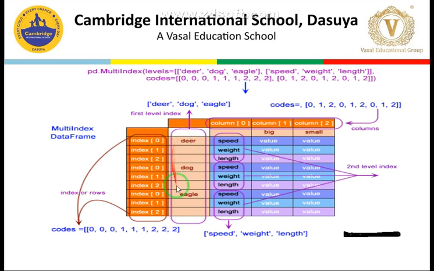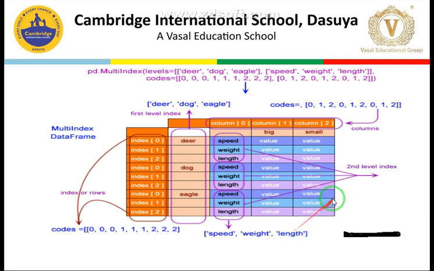Then, students, this is deer, dog and eagle. This represents my first level of index. And then you can see here speed, weight and length. This is my second level of index. These are used for indexing purposes.